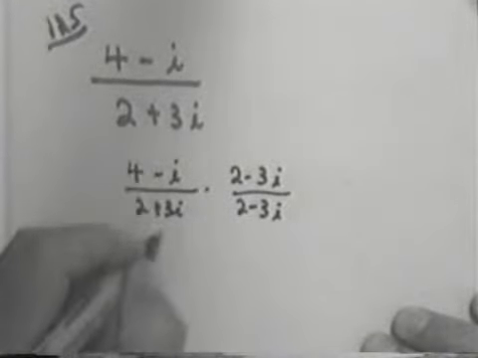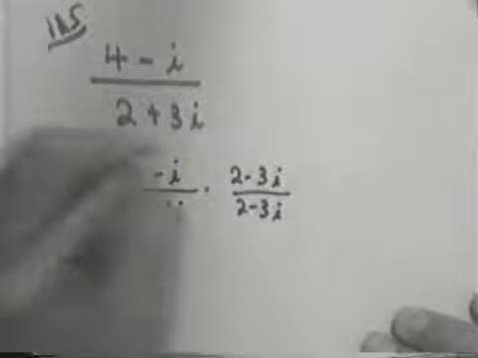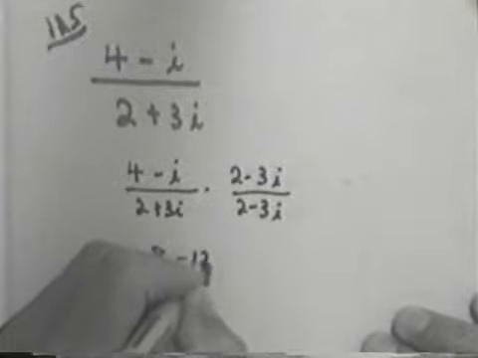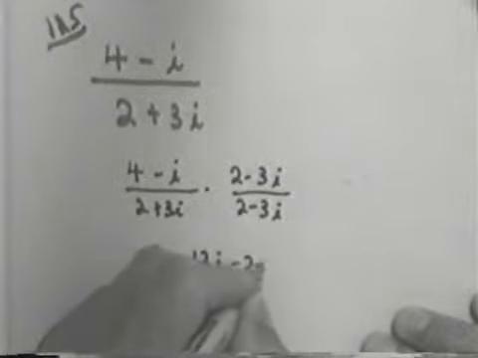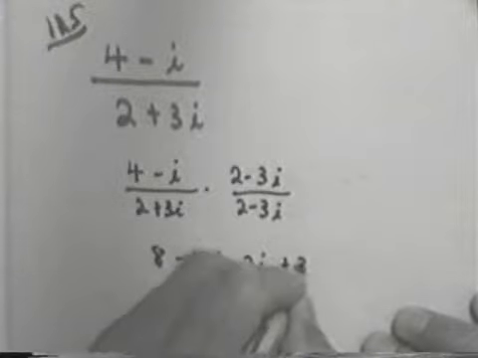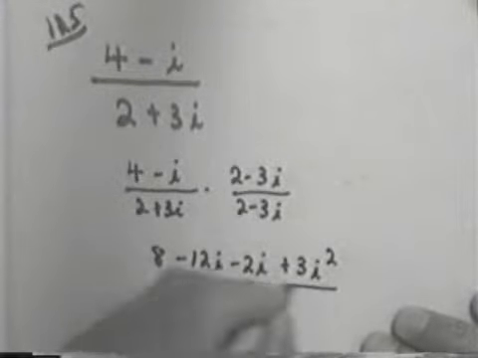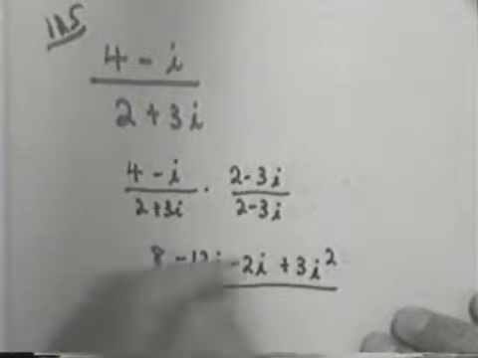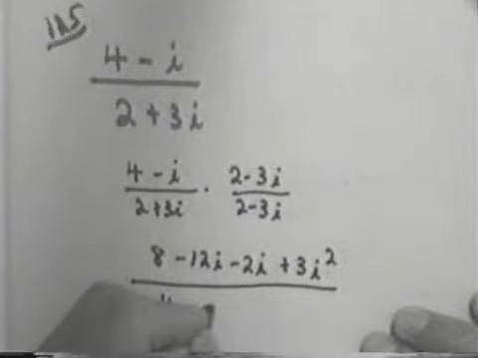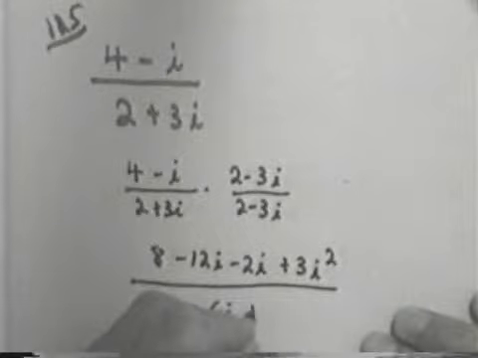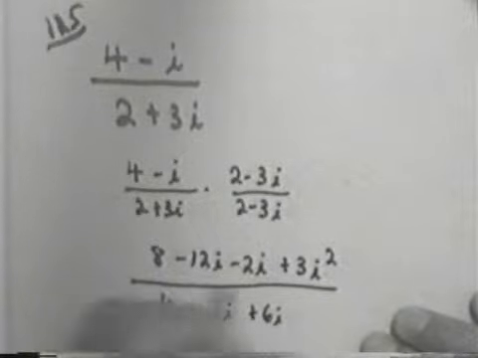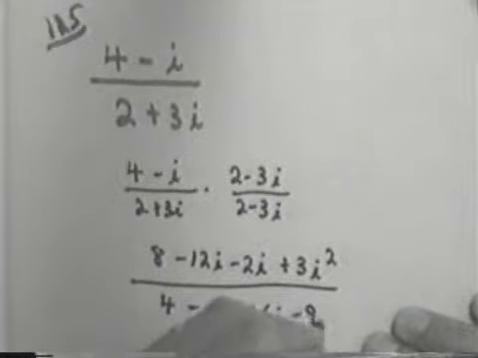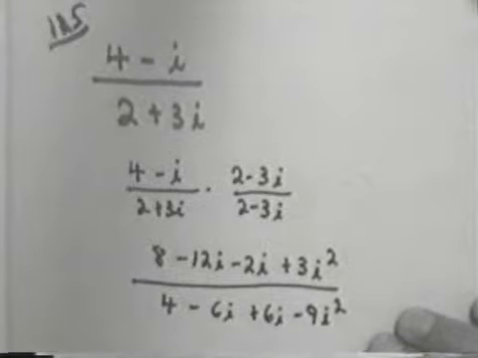Now I can use the FOIL method on both of them. 4 times 2 is 8, minus 12i, minus 2i, plus 3i squared, over 4 minus 6i plus 6i minus 9i squared.